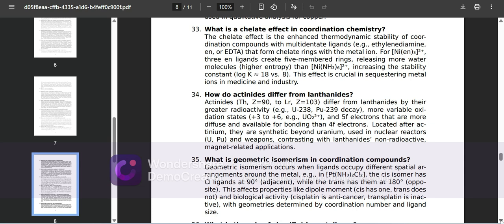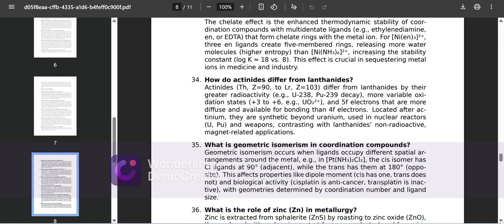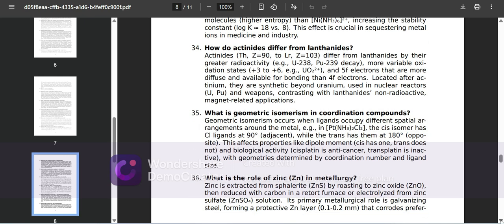For Ni(en)3 2+, 3 en ligands create 5-membered rings, releasing more water molecules, higher entropy than Ni(NH3)6 2+, increasing the stability constant, log K equals 18 versus 8. This effect is crucial in sequestering metal ions in medicine and industry.